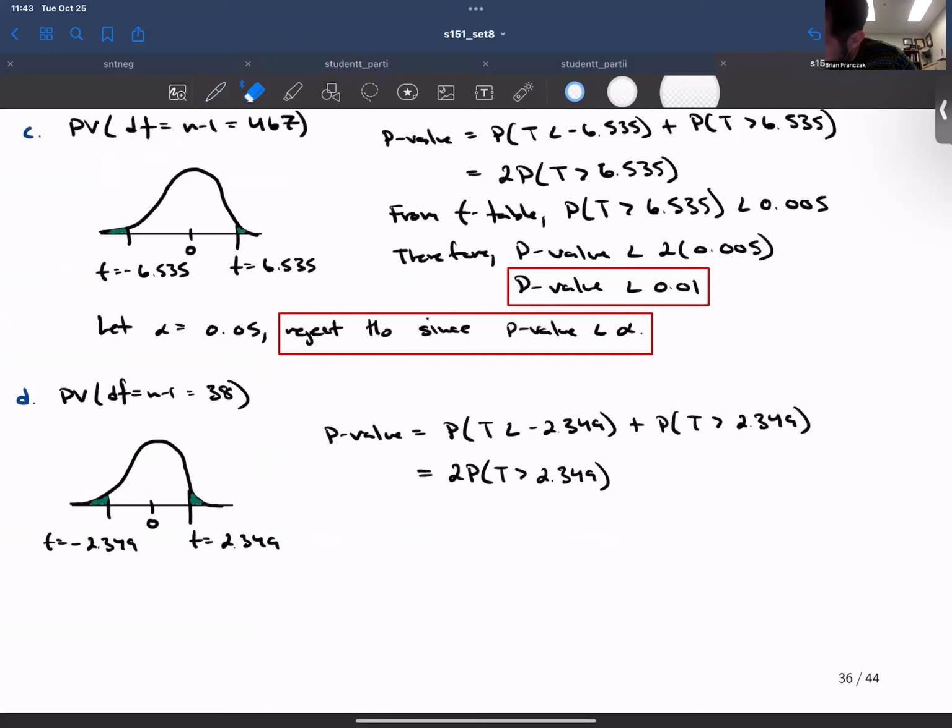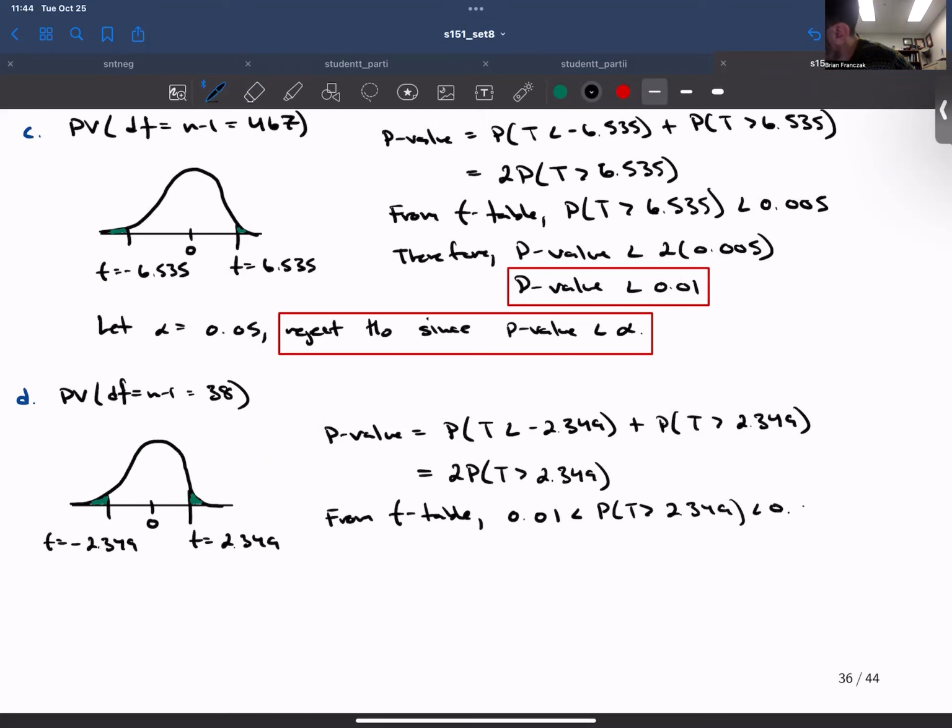So we would say from the t-table, 0.01 is less than the probability that t is greater than 2.349, which is less than 0.025.